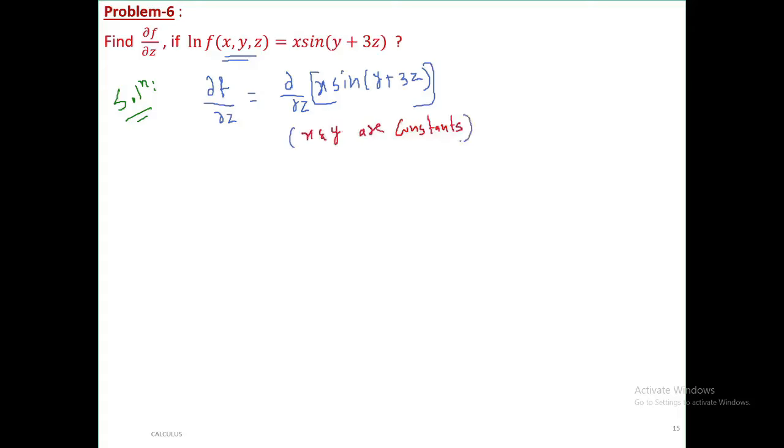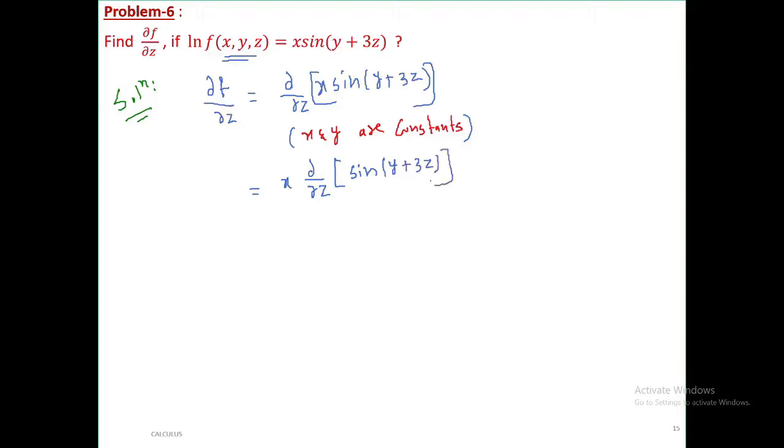Okay. Now let us proceed. So this is dou by dou z of x into sine of y plus 3z. Since x is constant, we write it outside, dou by dou z of what is left, sine of y plus 3z.